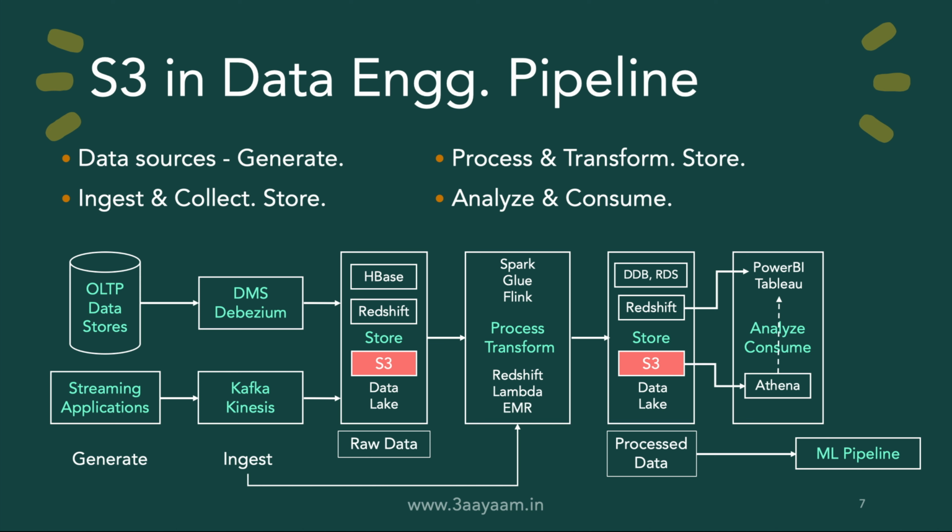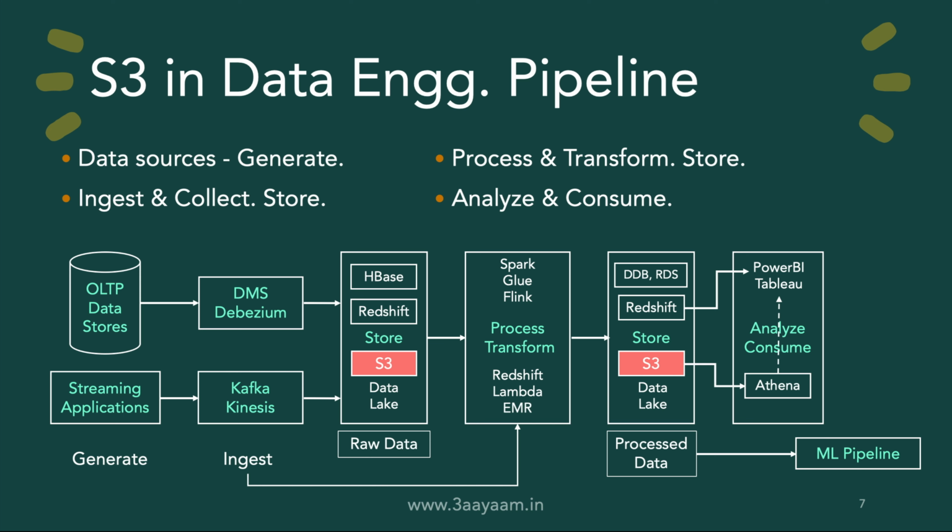And if you are running Spark code, which typically runs on HDFS distributed storage, instead of HDFS, we can use S3 also. When we run Spark and Glue, we can mention S3 as a source because S3 works as a distributed storage also. So you can use S3 in Spark and Glue instead of HDFS. So this is basically where S3 can be used as an input.